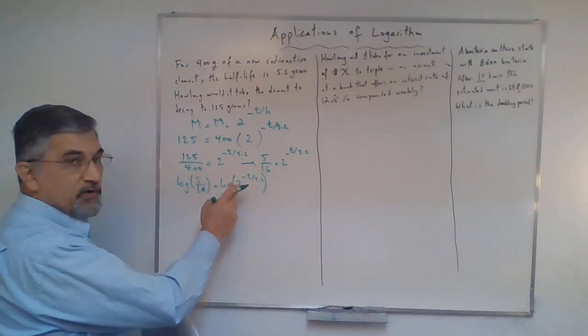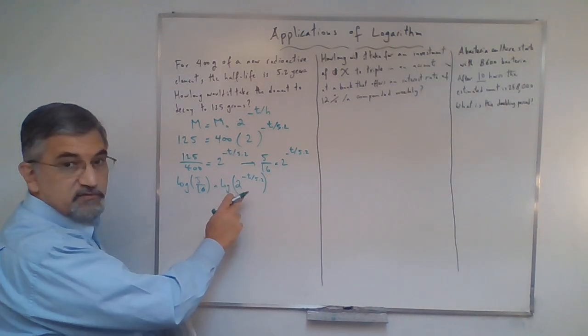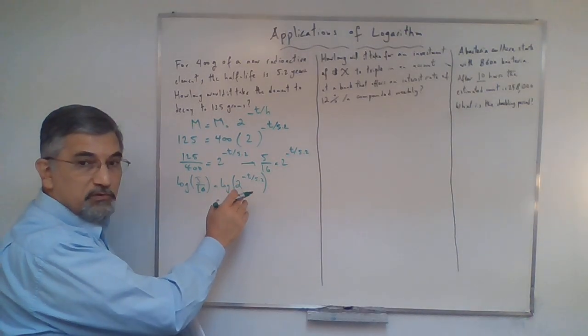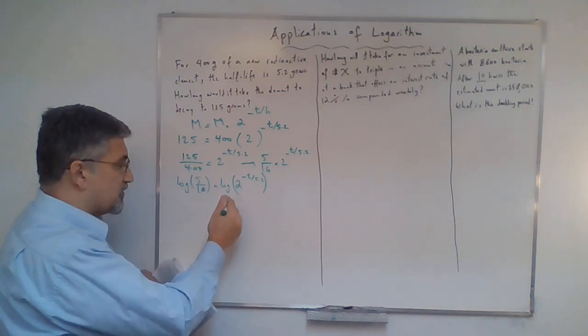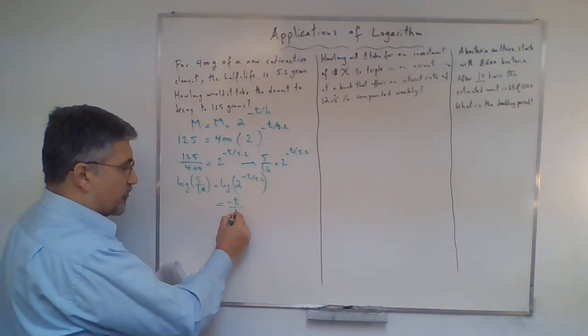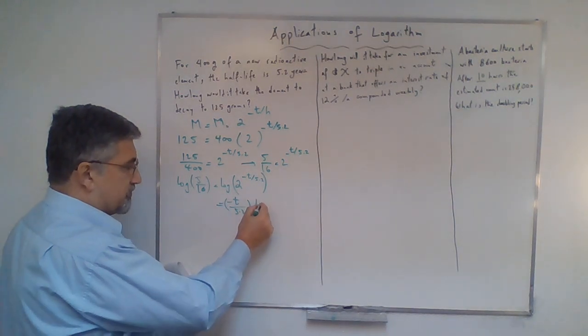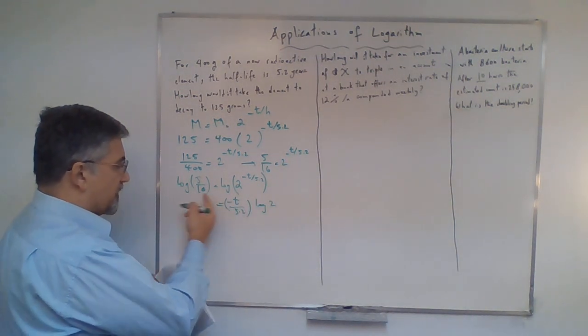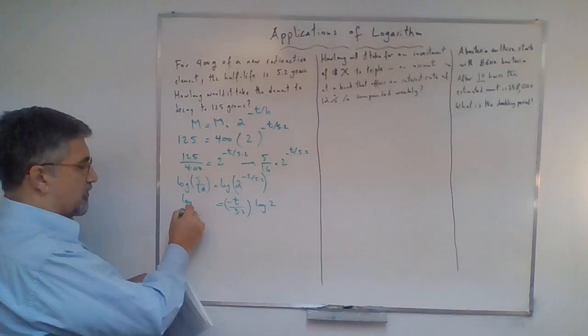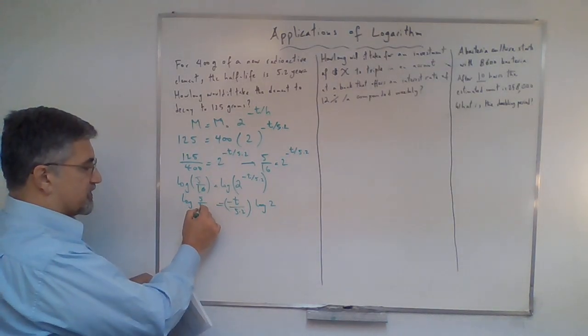Now, the exponent of the argument of the logarithm, according to the power law of logarithm, becomes a coefficient for the log itself. So negative t over 5.2 times log of 2 equals log of this fraction 5 over 16.